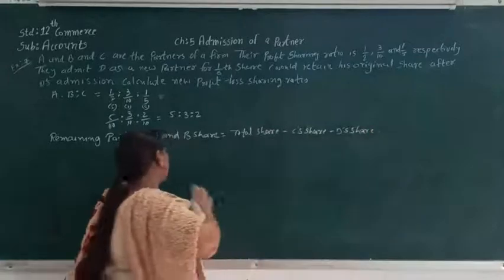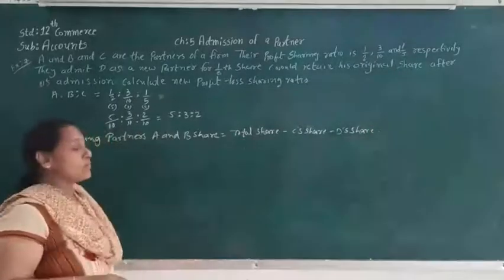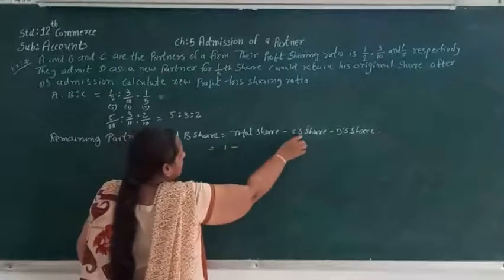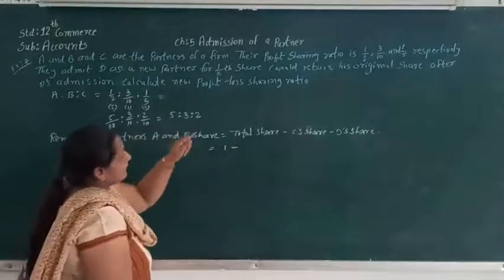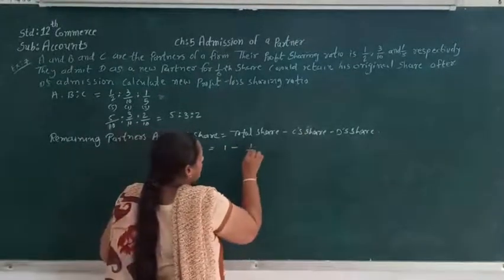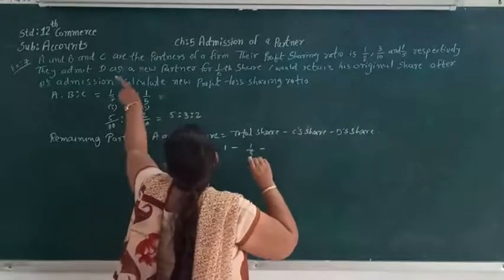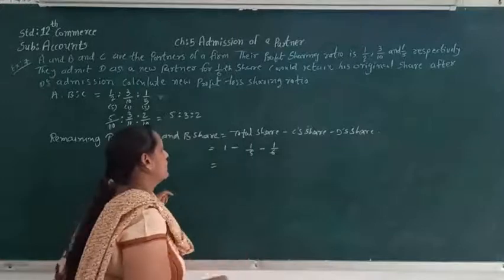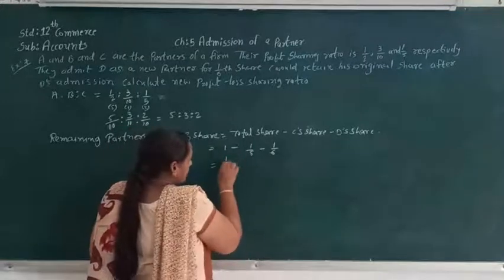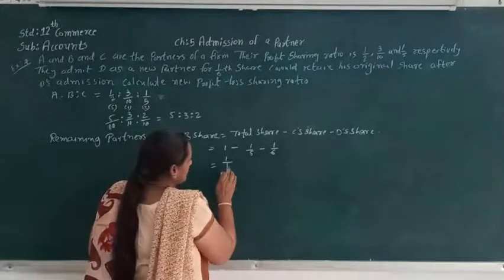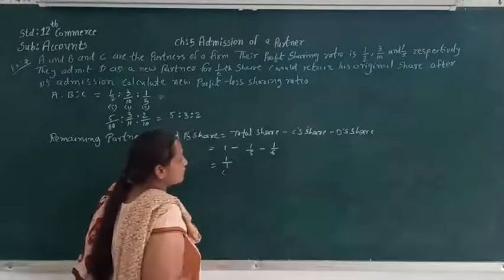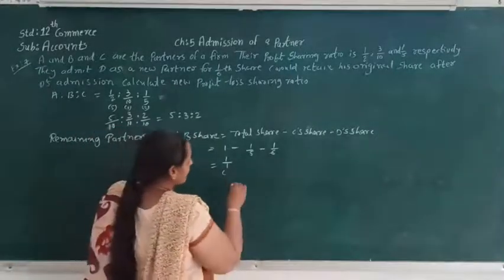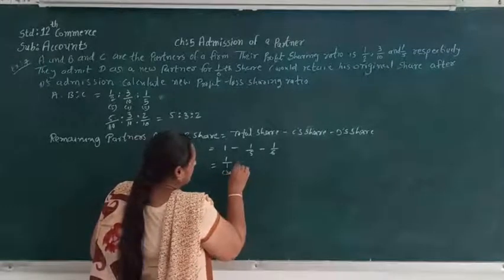So here let us assume total share of the firm is equal to 1. So 1 minus C share, which is 1 by 5, minus D share, which is 1 by 6. So here from 1 we are going to deduct both of these. So for that we have to take the LCM and that LCM will be 30.